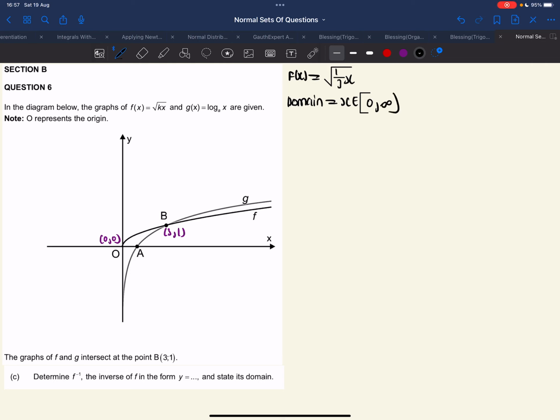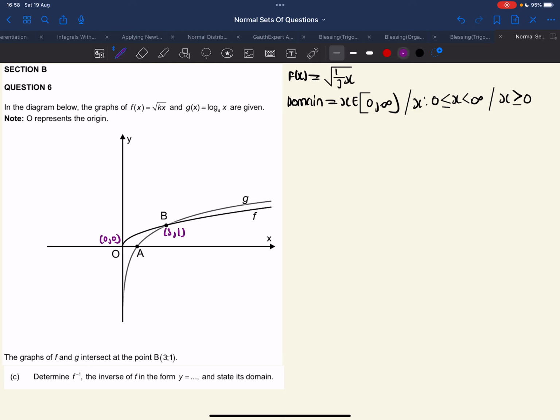Or in set builder notation, you could have said x such that x is greater than or equal to 0. Alright, that's how you would have written down the domain of the given f of x, or that root function, right?